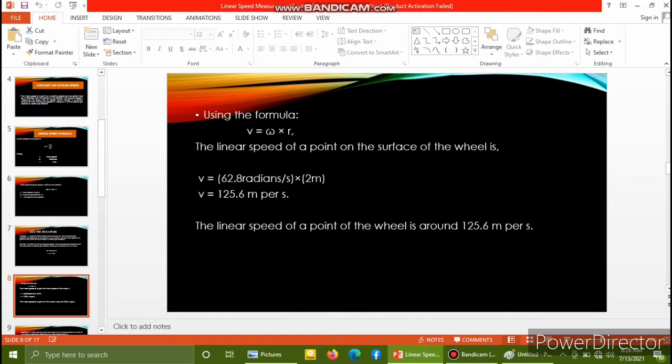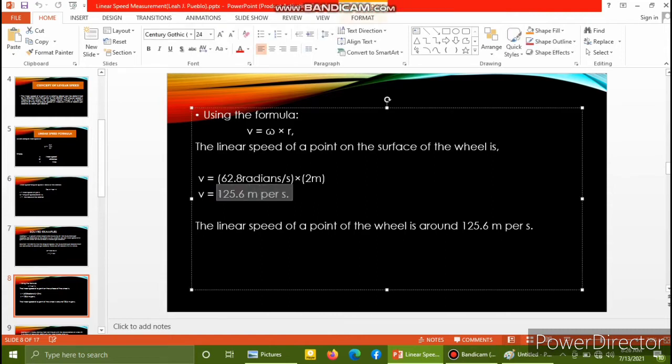To multiply this, the answer is 125.6 meters per second. So the linear speed of a point on the wheel is around 125.6 meters per second.